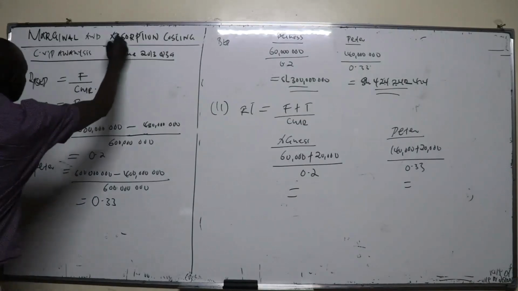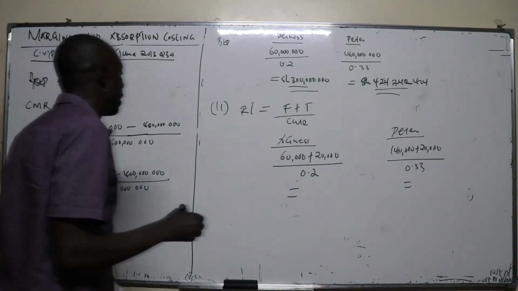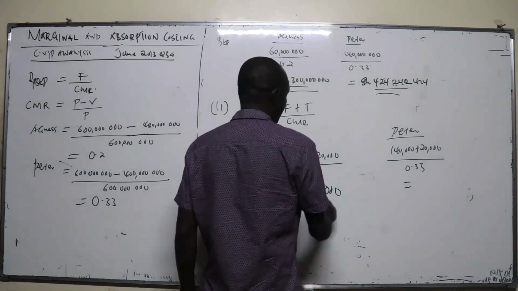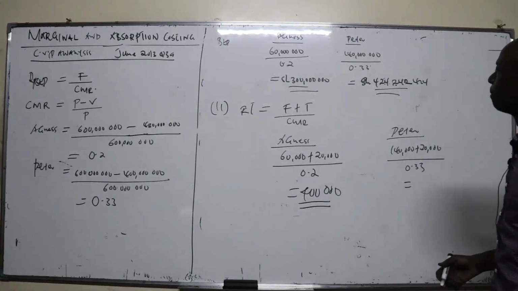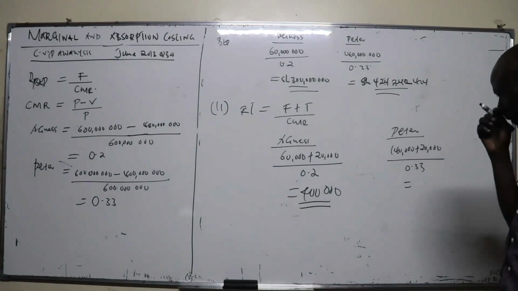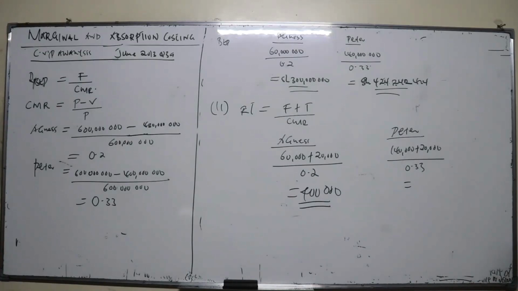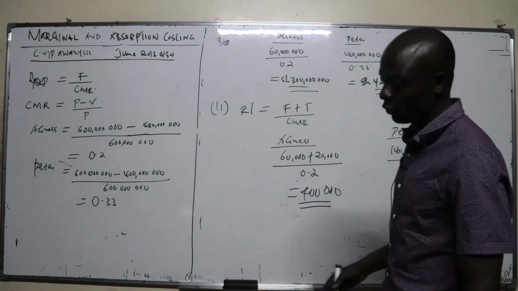How much do you get? 400,000 for Agnes, and the other one, 408.48.